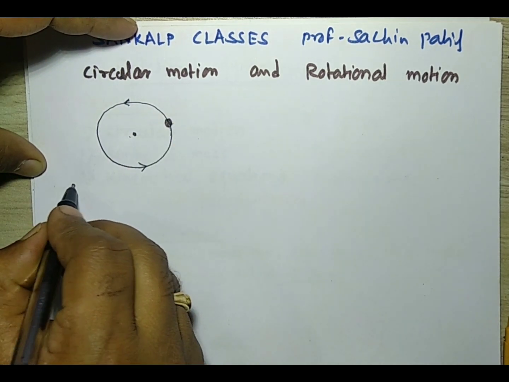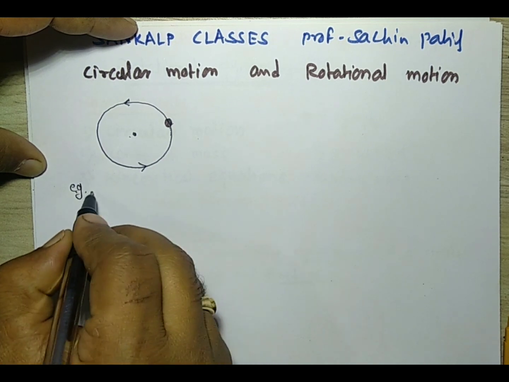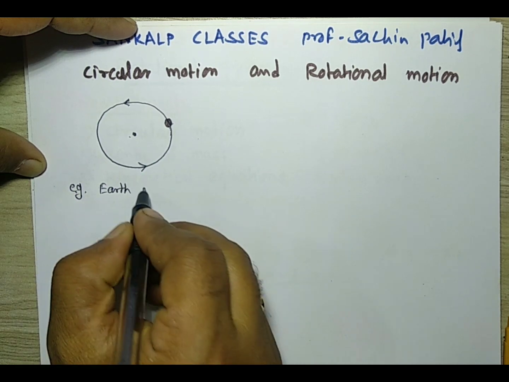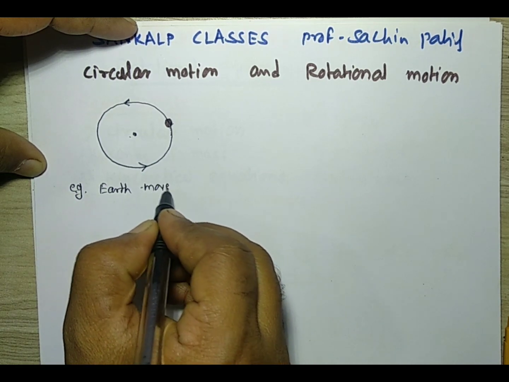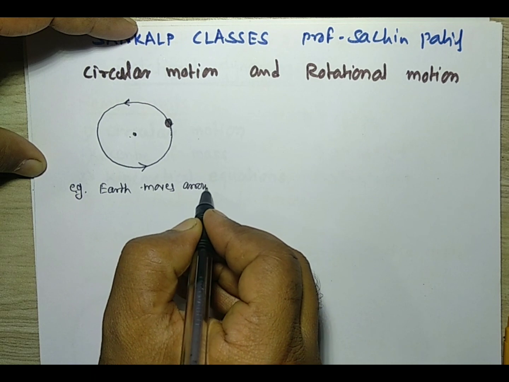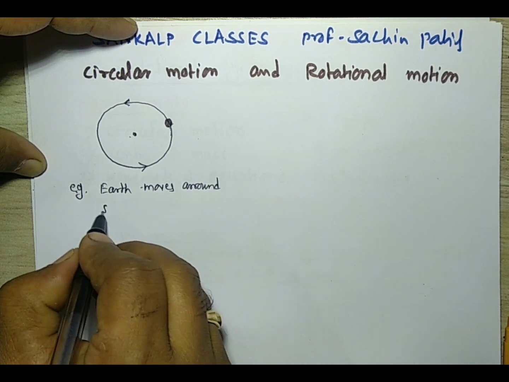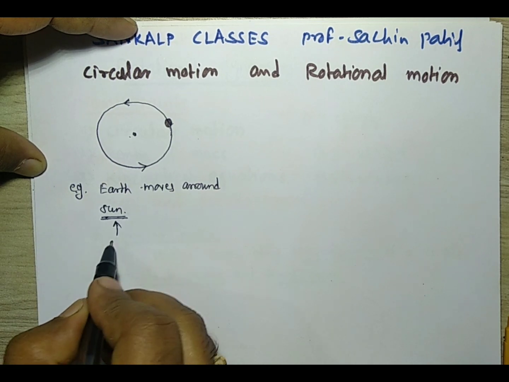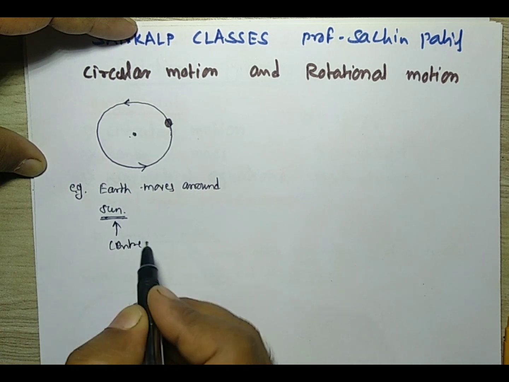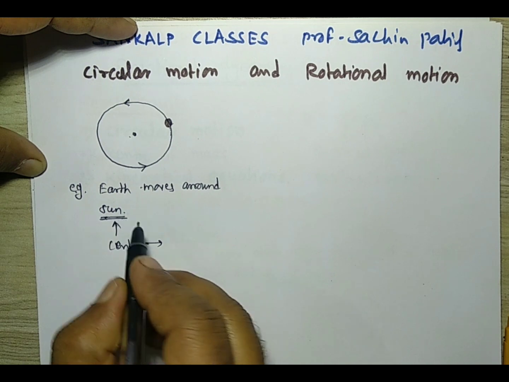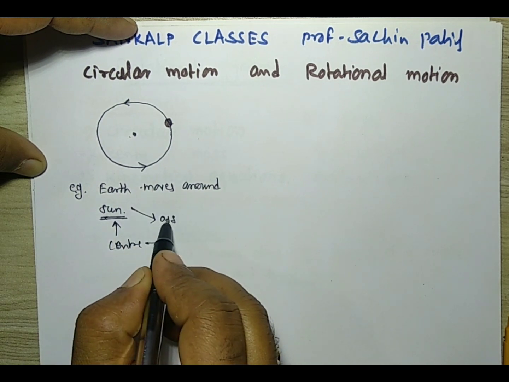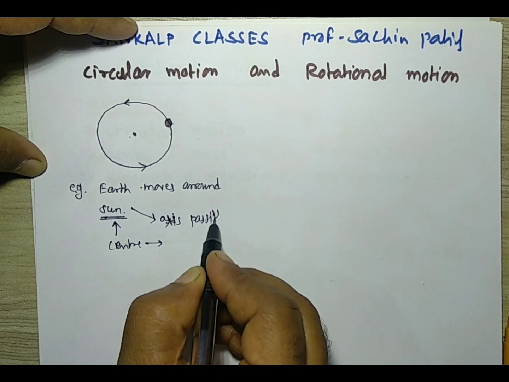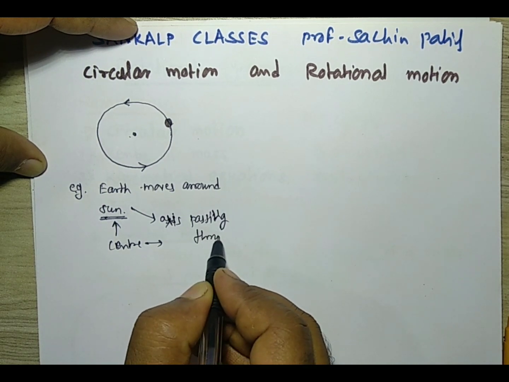For example, Earth moves around the Sun. At that time, the Sun works as the center and the axis passes through the Sun.